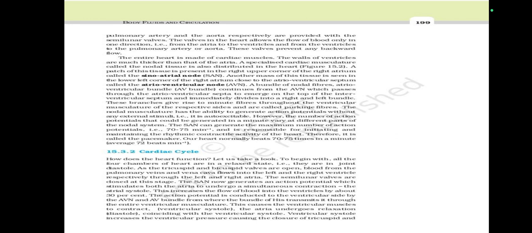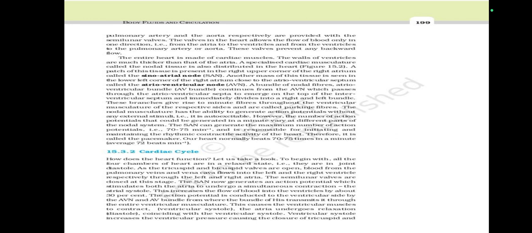The nodal musculature has the ability to generate action potentials without any external stimuli. That is, it is auto excitable. However, the number of action potentials that could be generated in a minute varies at different parts.